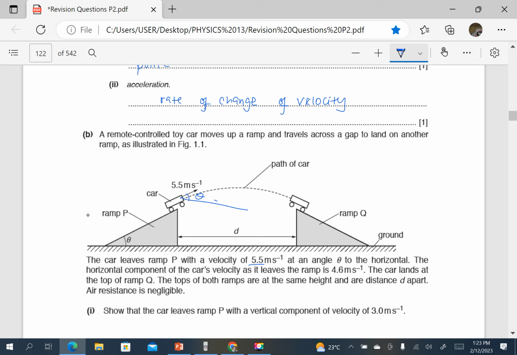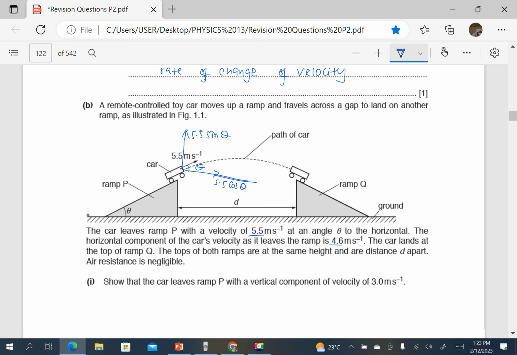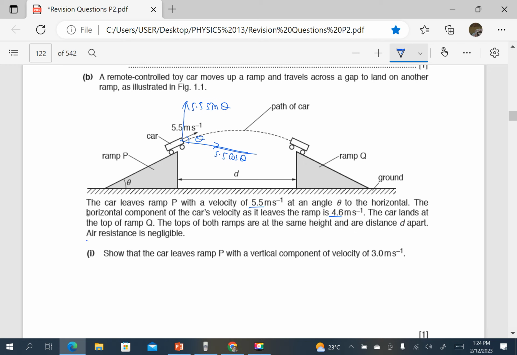So resolving that, horizontally it is 5.5 cos theta. In the vertical, it is going to be 5.5 sine theta. So 5.5 cos theta is 4.6 because that's the horizontal component. The car lands at the top of ramp Q. The tops of both ramps are the same height and are distance d apart. Air resistance is negligible.